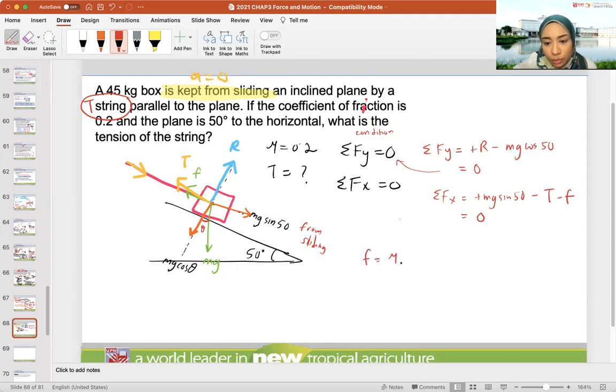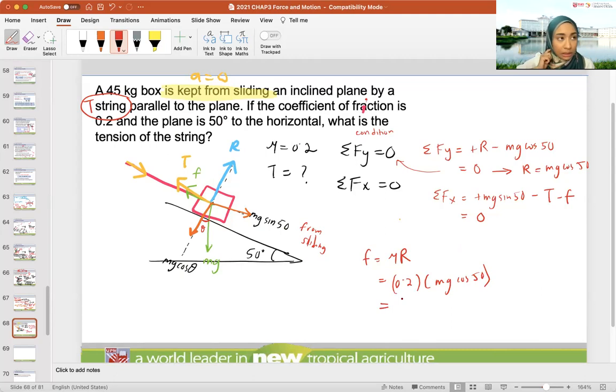Friction is mu R. First, I need to know what is R. R is mg cosine 50. Then mu is 0.2. Sebab laju-laju sebab ni kita dah tahu. So mg cosine 50, okay, so that will become 45 times 9.81. Kat sini tak ada negatif g dia.